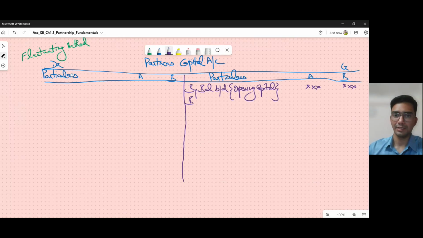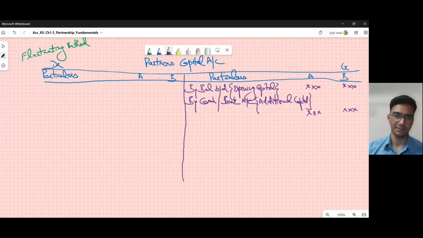The second item which we write on the credit side is when we are bringing in additional capital. So I will write by cash or bank, and in brackets, write it as additional capital. So this is the next item.